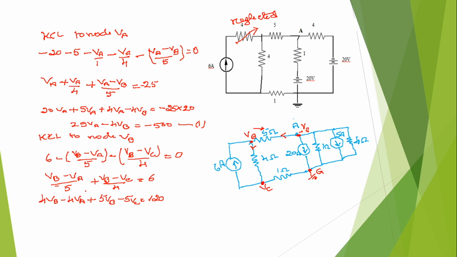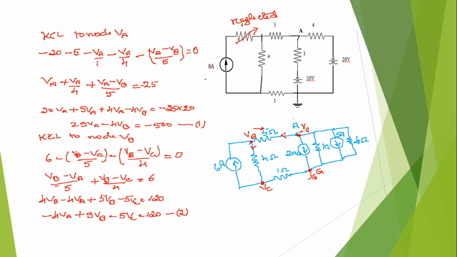So by rearranging, minus 4VA plus 9VB minus 5VC equal to 120. This is the equation 2 I will consider.